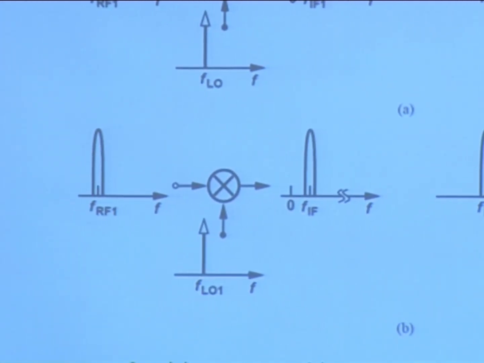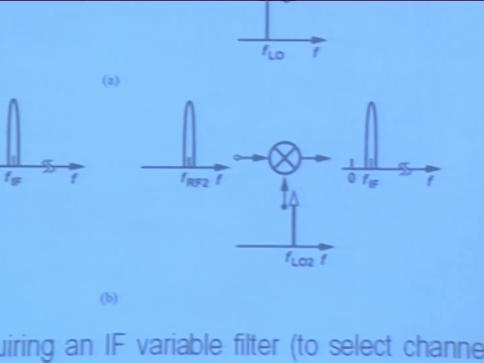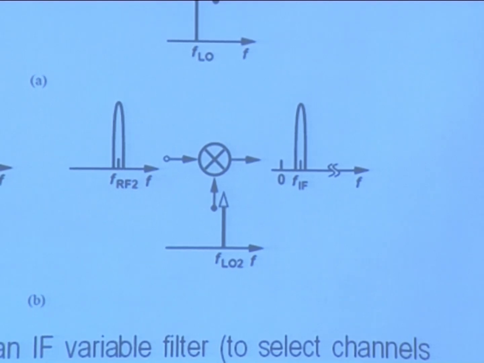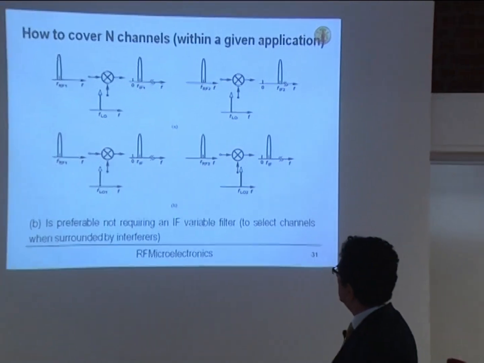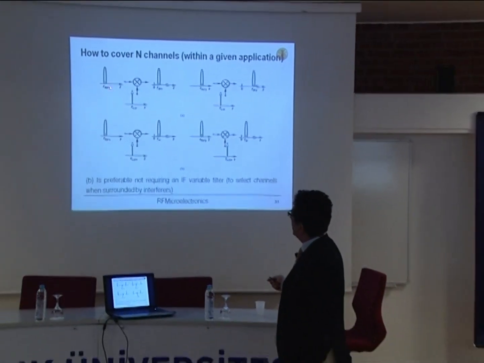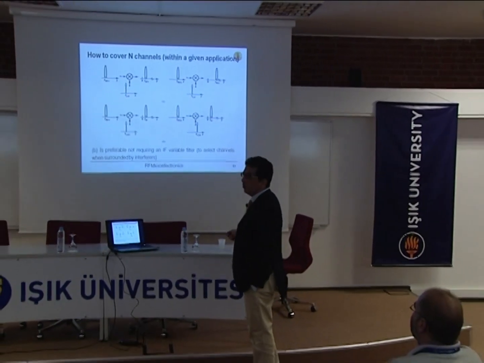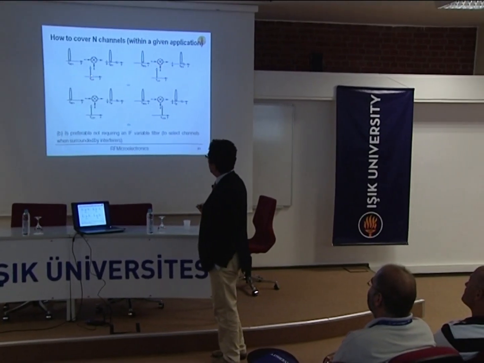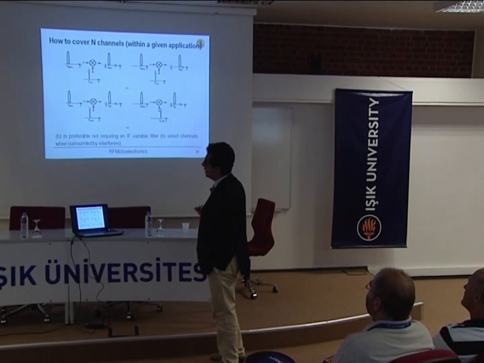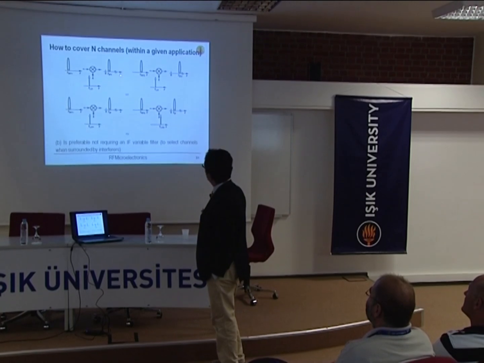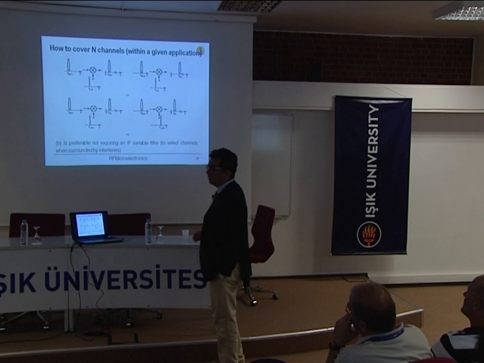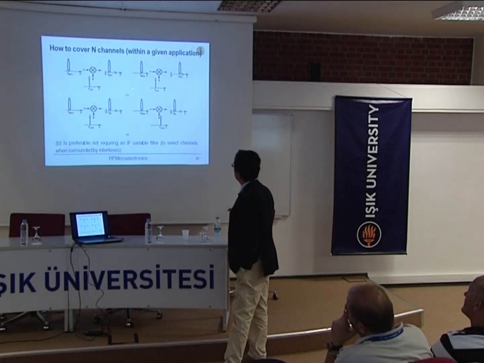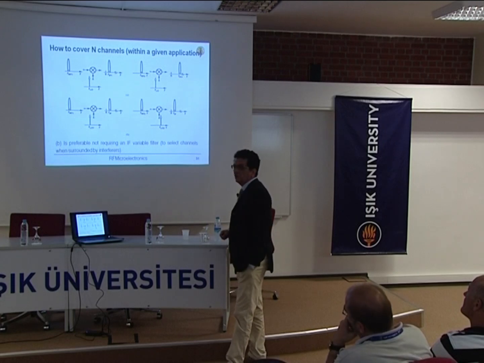So the question is, how can we handle the different channels in this heterodyne architecture? We have at least two possibilities. In one scenario, we can have a unique local oscillator at a given frequency and translate the input RF frequency RF1 to an intermediate frequency IF1, and then use the same local oscillator, the same frequency, and translate a second user, FRF2, to a different IF frequency, IF2.